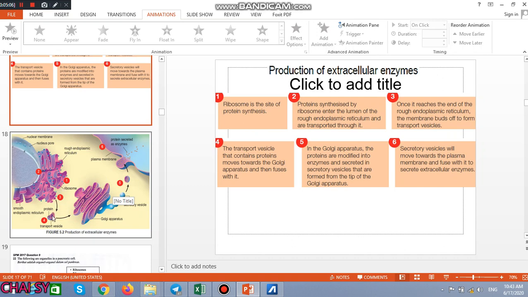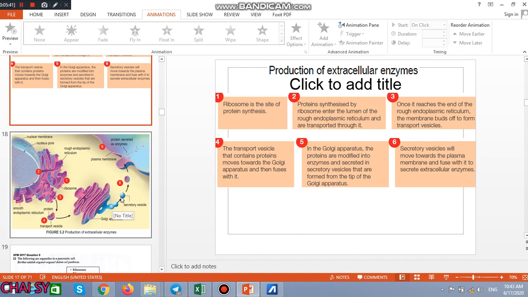Because of the Golgi apparatus, the typical protein will be modified into enzyme and secreted in secretory vesicle. So after the modification of protein into enzyme, now this enzyme is going to come out from the Golgi apparatus. How does it come out? Through secretory vesicle. Secretory vesicle is also a kind of bus. It forms from the tip of the Golgi apparatus.